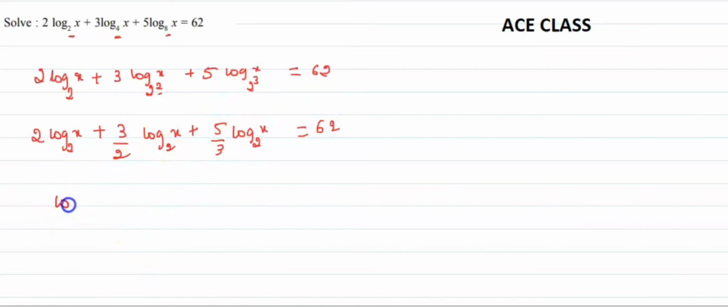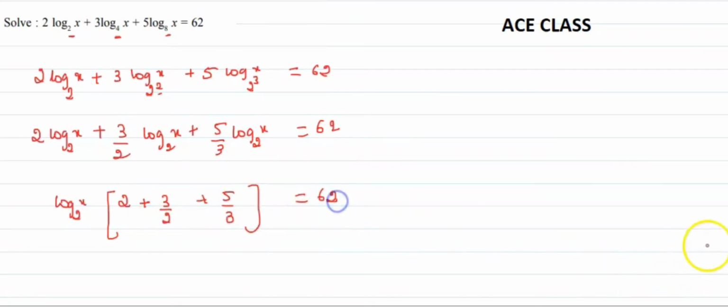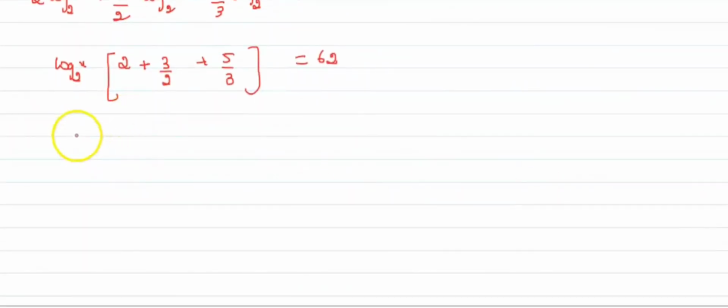So in all these three terms, log x to the base 2 is same. So let me take that common. What is left out is 2 plus 3 over 2 plus 5 over 3, times log x to the base 2, equals 62. The LCM of 2, 1 and 3 will be 6.